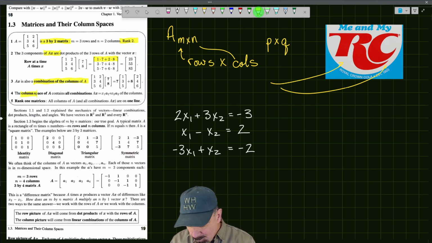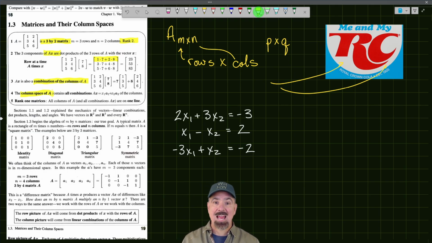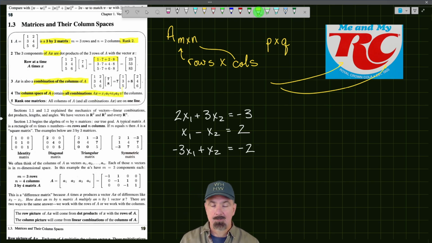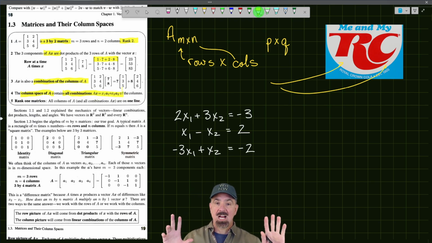Column space of A is a really important idea, and that is one of the fundamental pieces of today's conversation. It's really straightforward. It's all combinations of the columns of A. So whatever size A is, we look at the columns and we look at all possible linear combinations, and that is what the column space of A is equal to.